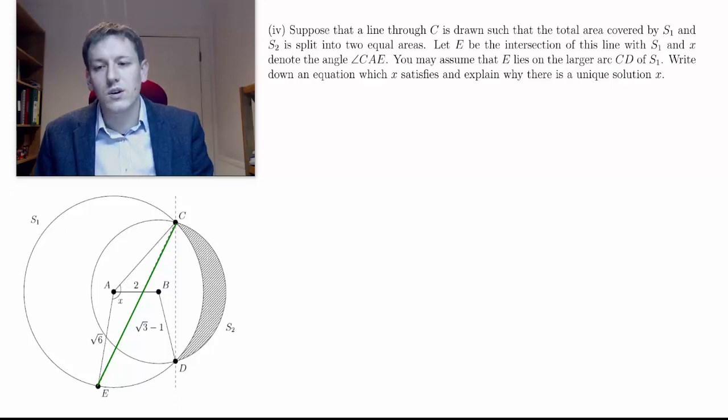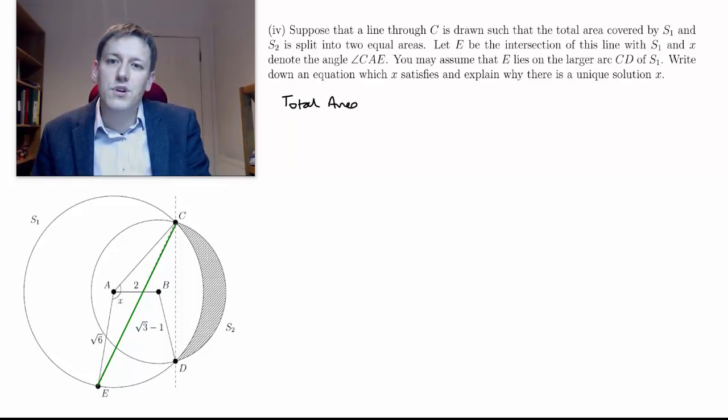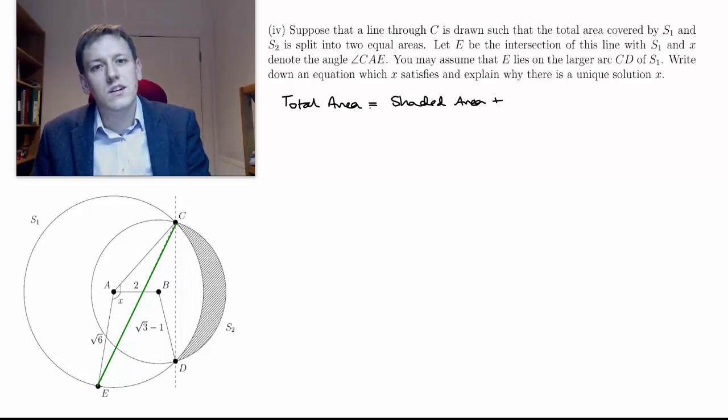So firstly let's think about what the total area is. In the previous part we worked out the shaded area, and the total area is just the shaded area plus this large circle S1.